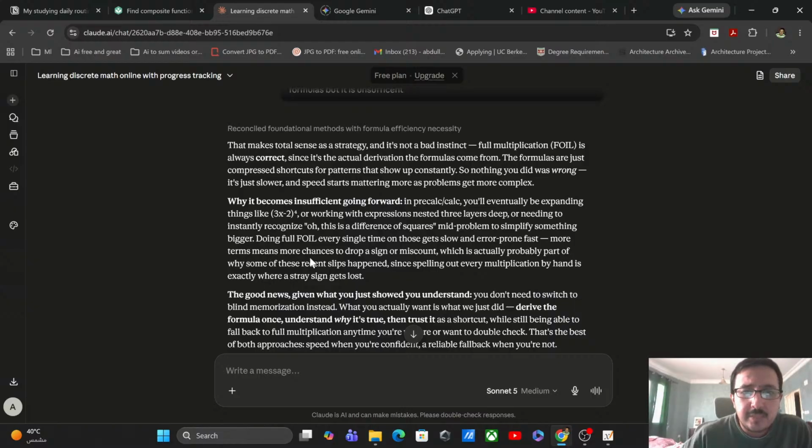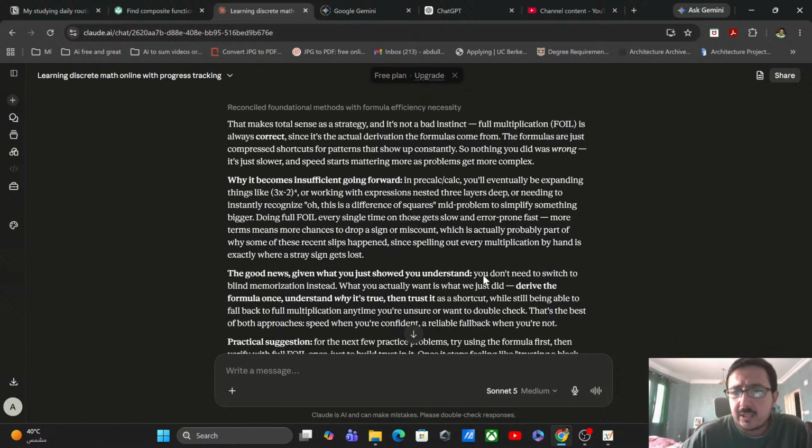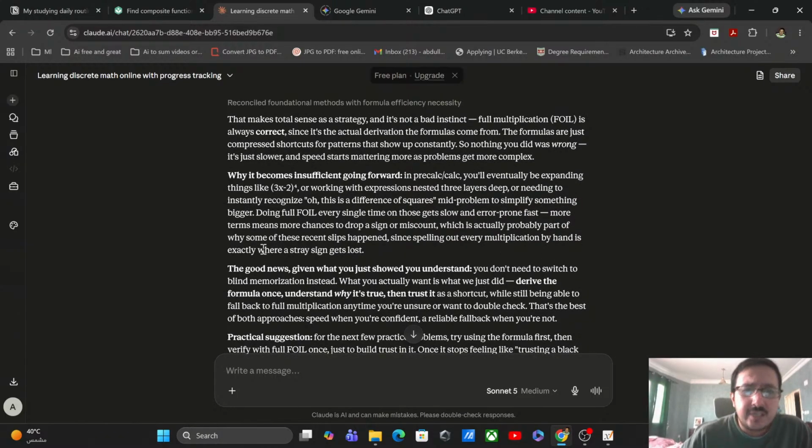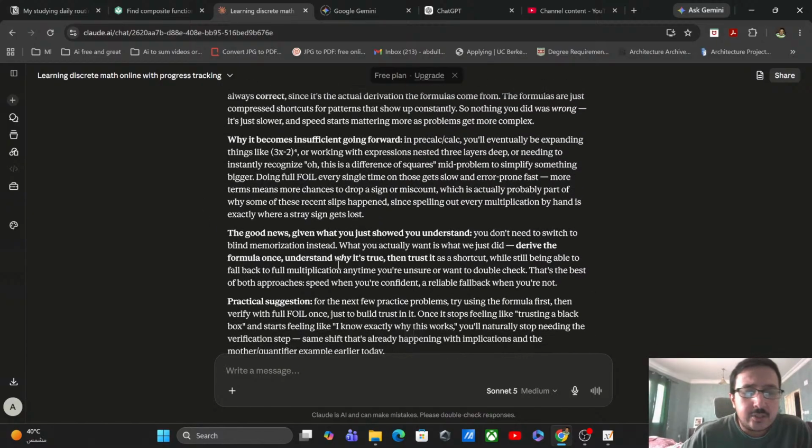More terms means more chances to drop a sign or miscount, which is probably part of why some of these recent slips happened, since spelling out every multiplication by hand is exactly where a stray sign gets lost.